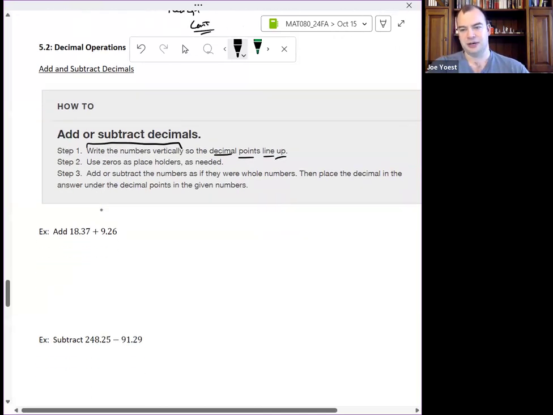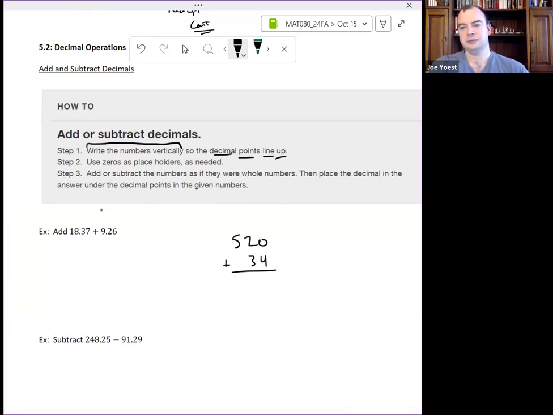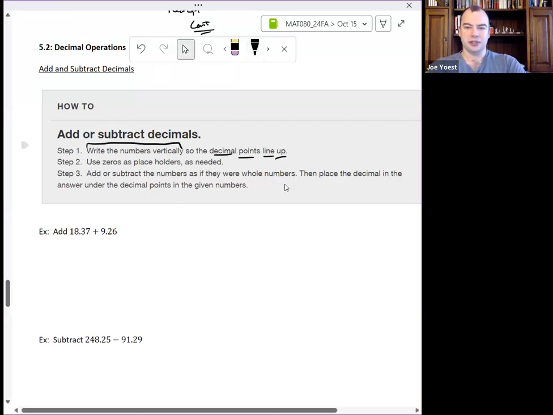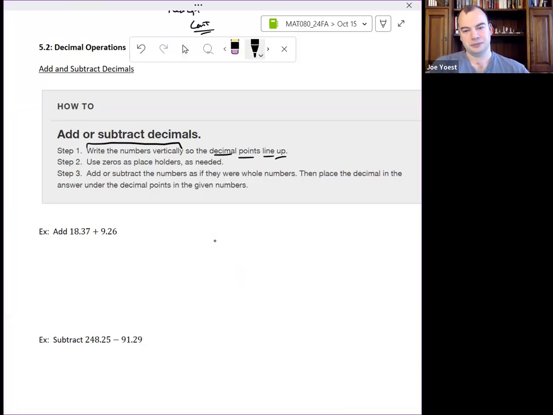This is similar to if I had 520 plus 34, I would write it this way so that my ones places and my tens places line up properly. Lining the decimal points up ensures that the place values line up properly. If we need to, we can use zeros as placeholders, so we'll see that a little bit later. And then we add or subtract the numbers as if they were whole numbers, and the decimal point just carries straight down.